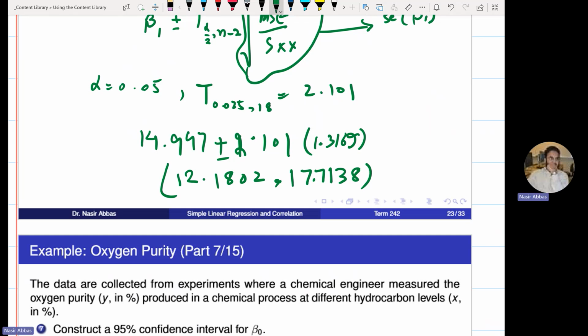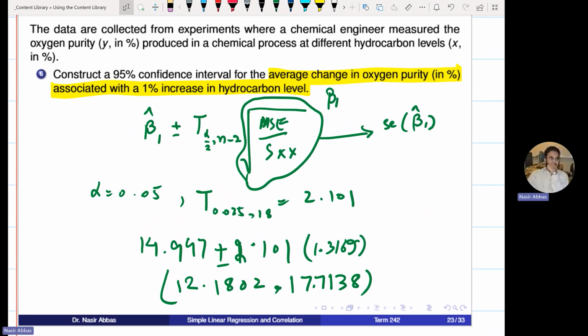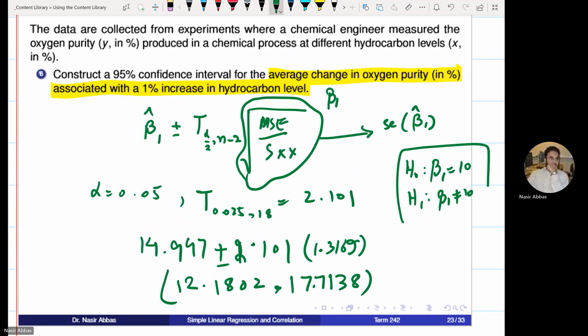Clear. Let's take a technical question here. If in the exam I give you this confidence interval and I ask you to test whether beta 1 is 10 or not, H0: beta 1 is 10, H1: beta 1 is not 10, can you test it using alpha equals 0.05?